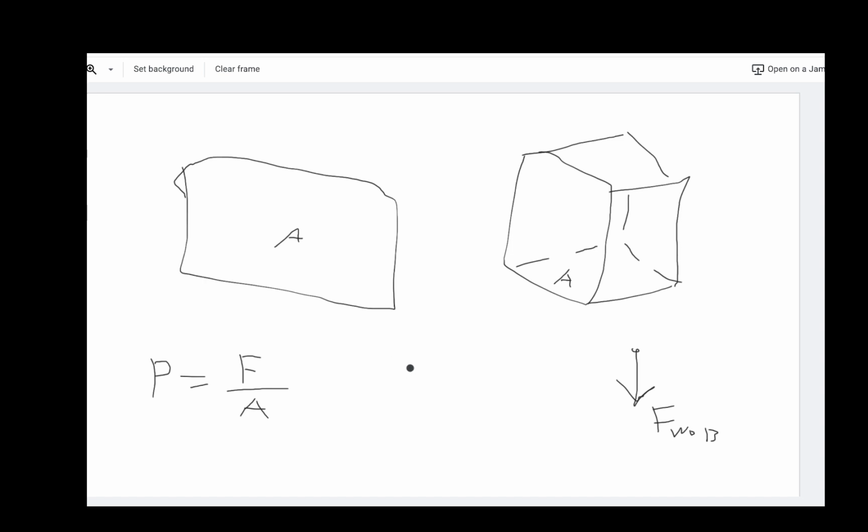But for those of you that don't, density is just a property of a material. It is mass over volume, right? So let me draw it out. M over V. It really says how much stuff is in a certain amount of space. It's how much stuff in how little space, essentially.